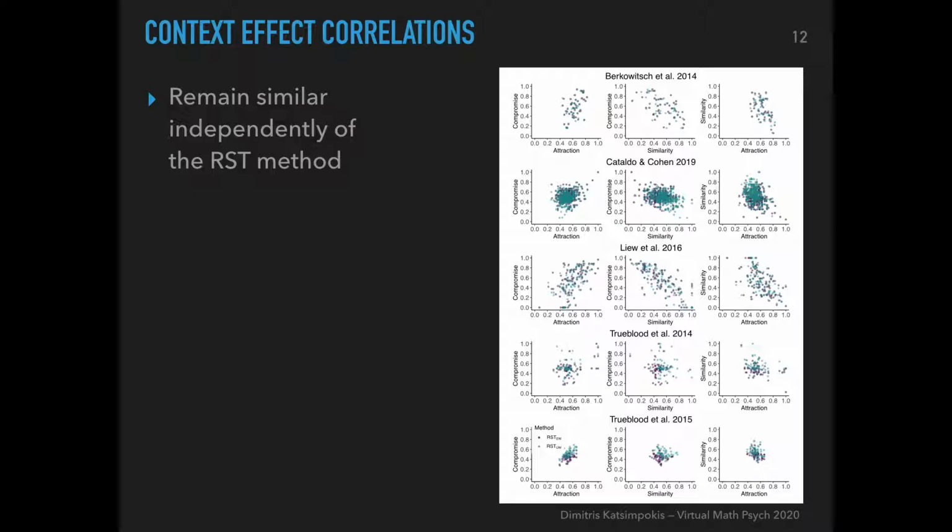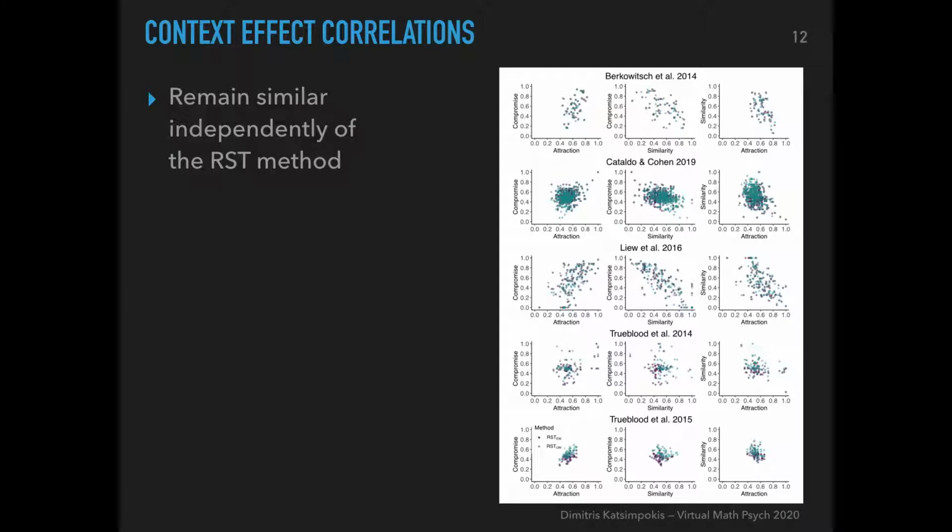Apart from that, we also evaluated whether the different RST methods change the empirical correlations between context effects. Now, these correlations are important because they are predicted by many cognitive models. So here you can see the correlations among the three effects per study and also per RST method.